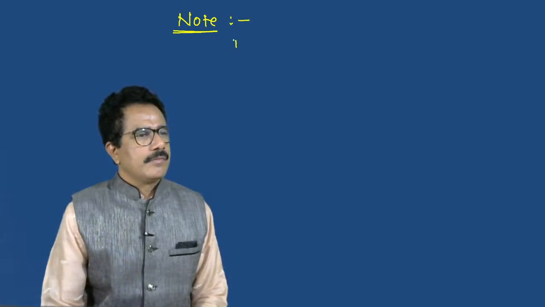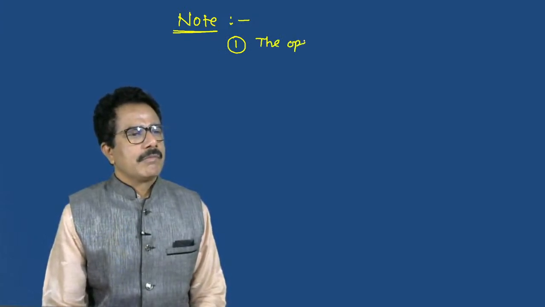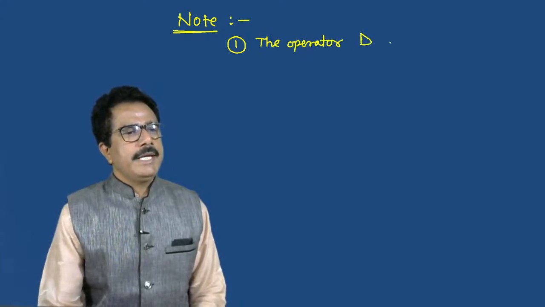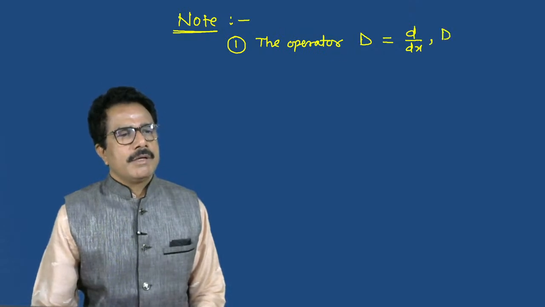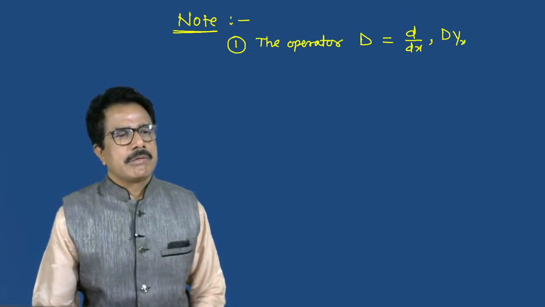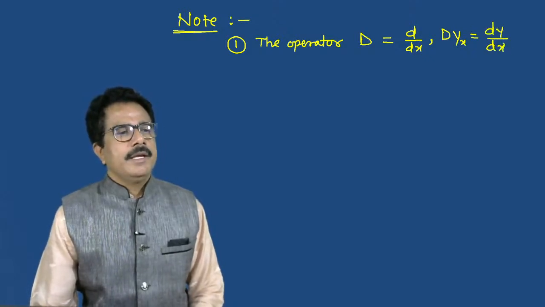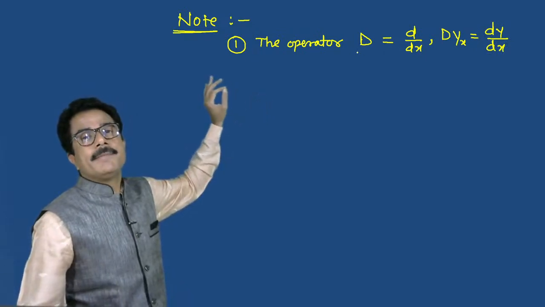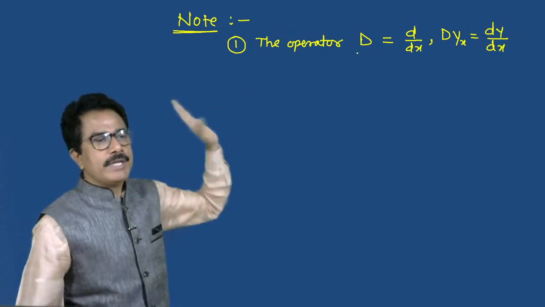Note, first: the operator D, which is denoted by d by dx, or d y by d x, means the operator D is denoted by the derivative operator.